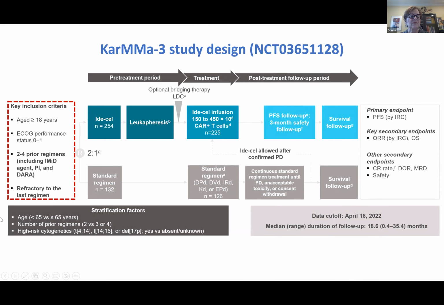So the trial design is shown here. This had 2 to 4 prior regimens, so not 6, and people had to have all 3 classes and be refractory to the last regimen. And I think everything else is the same.